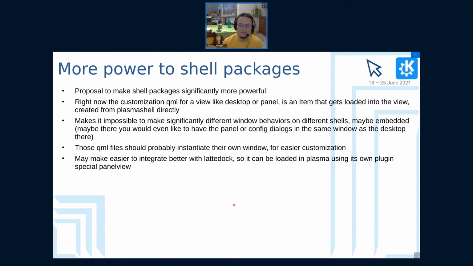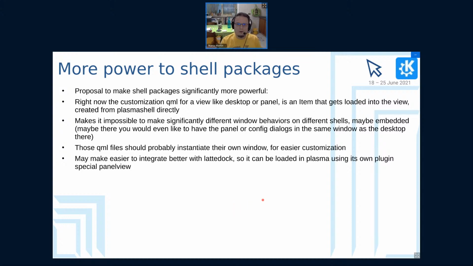So on different shells, you could have much more customized types of views that you may need in more embedded situations. Maybe you want panels to not even be a view, but be in the same view of the desktop or stuff like that.